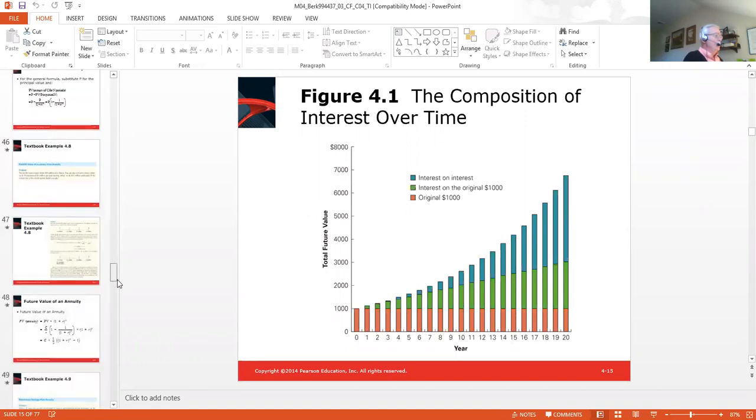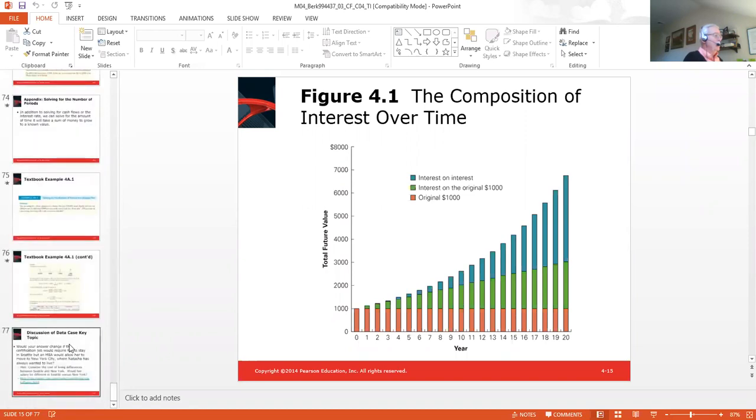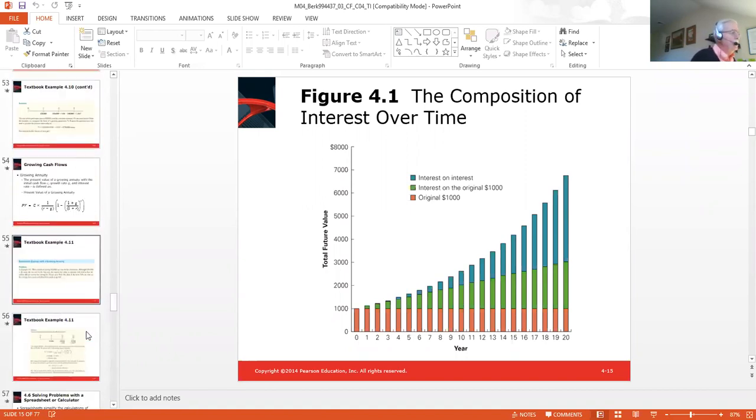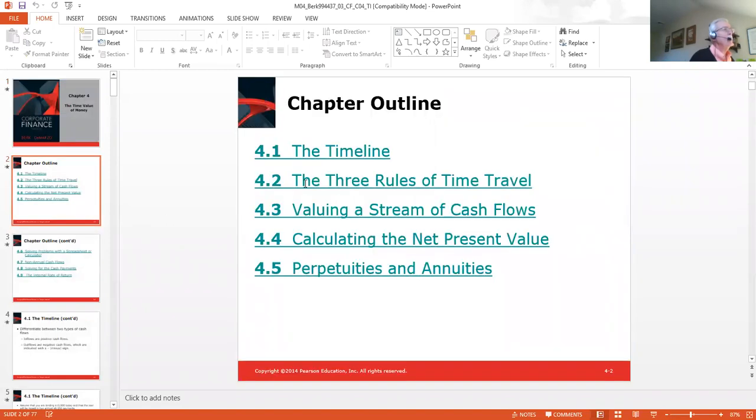Let me get deeper into this slide deck. Actually, this is the wrong slide deck. So if you'll wait for a moment, we will go ahead and access the correct slide. I'll share a different slide deck with you at this point.